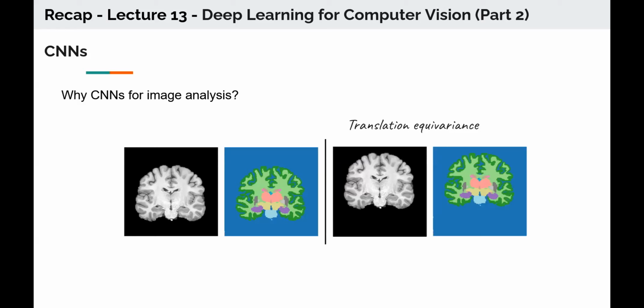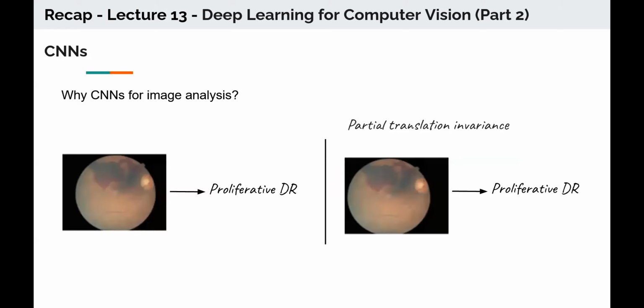And the idea is that the convolution itself is equivariant, meaning if I just shift the input image, the output will shift by the same amount. But once you add pooling into the picture, then you don't have equivariance anymore. What you get instead is this partial invariance, meaning if you move things around a bit and the change is such that you still remain inside your pooling window, the pooling will anyway pick the highest value.